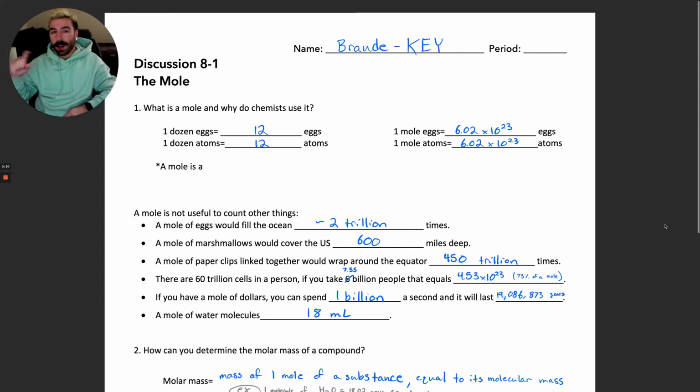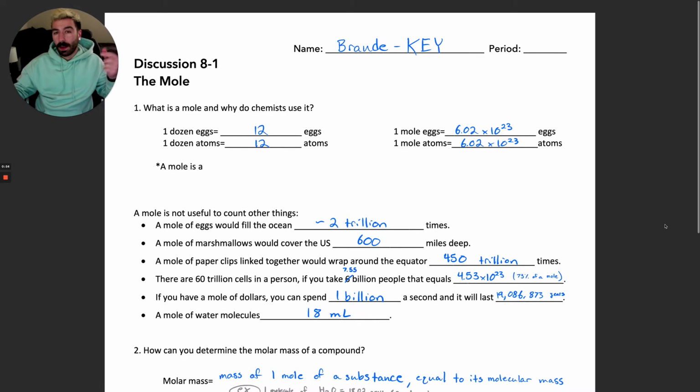So the first question that we have is, what is a mole and why do chemists use it? So let's think for a second about a dozen. You've heard of a dozen before. It's a word that represents a number. If you have a dozen eggs, that's 12 eggs. If you had a dozen atoms, that would be 12 atoms.